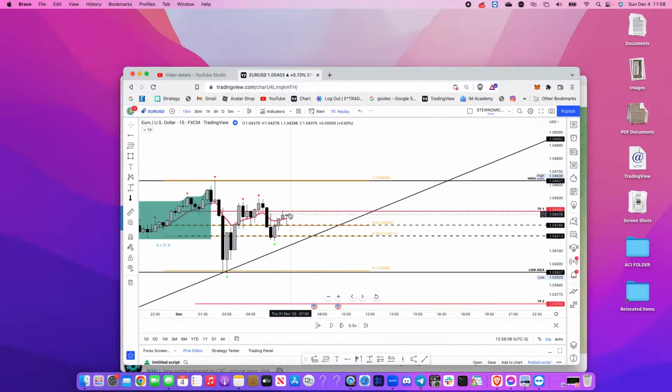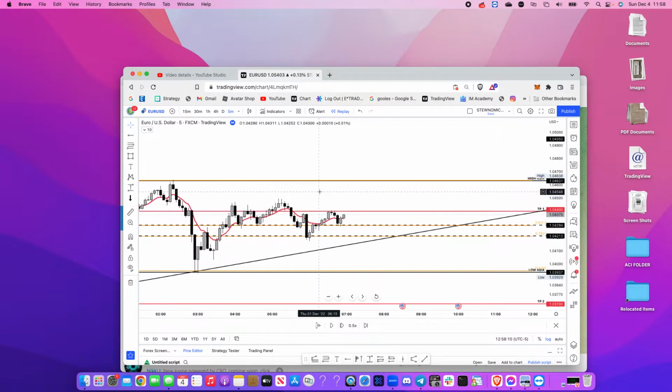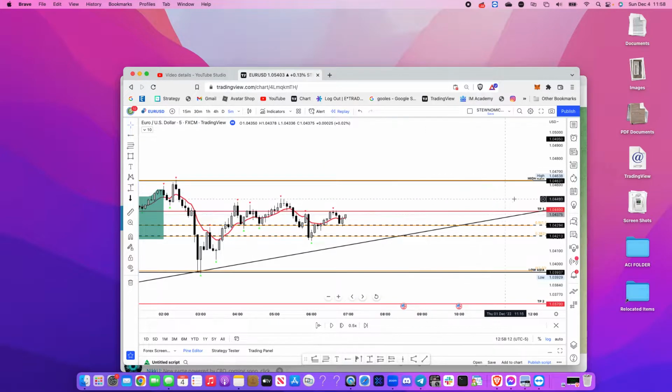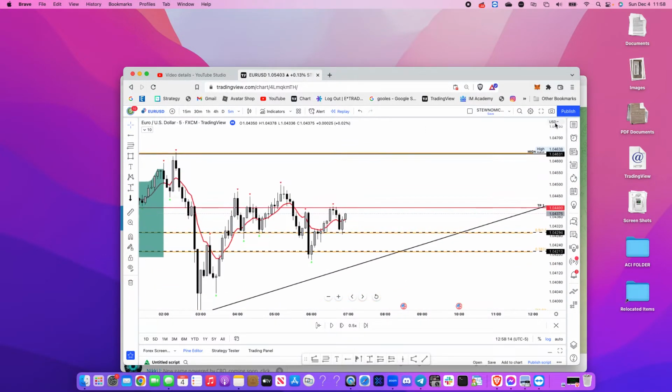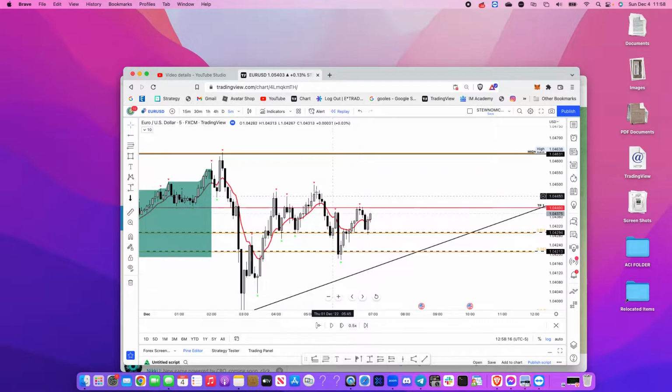If I drop down to the 5-minute entry, what do we have? Same move. This move right here ends up going all the way up here and gets this breakout.